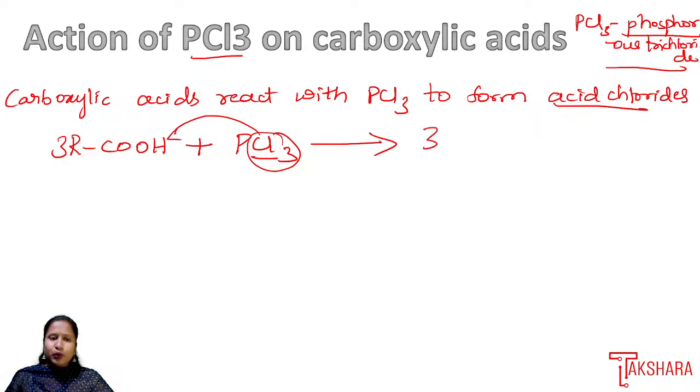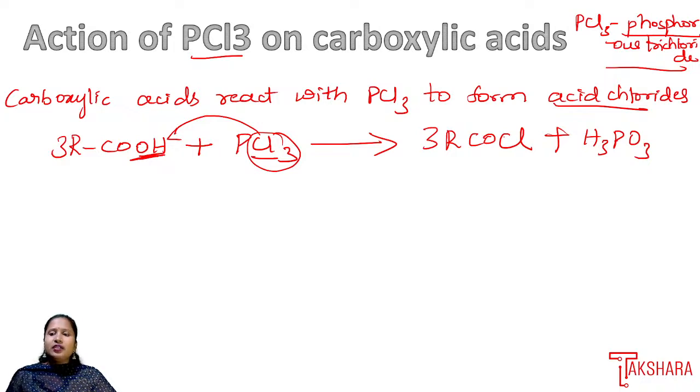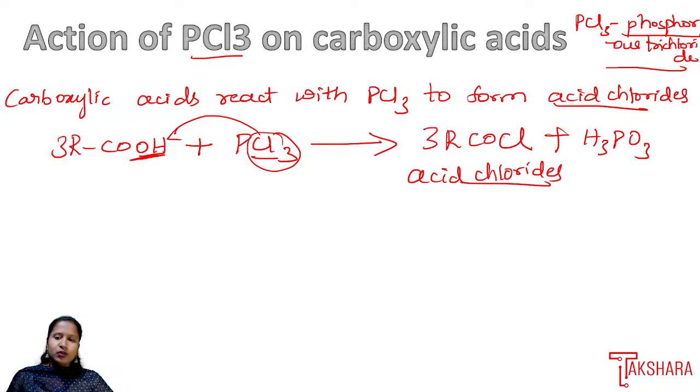Now we will get the product, 3 moles of RCOCl, plus whatever we left out from the reactant molecule, H3PO3. In place of OH, Cl is going to replace. Then we will get RCOCl and H3PO3. RCOCl is nothing but acid chlorides. Acid chlorides are going to form as a product.